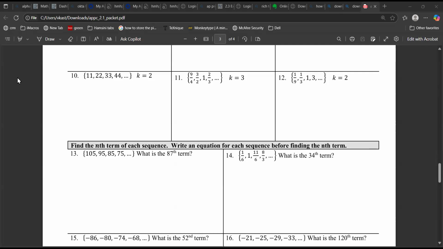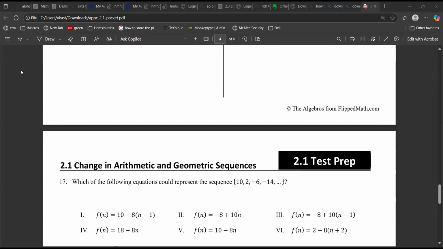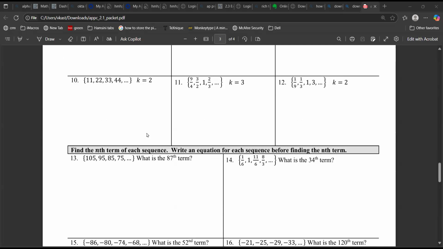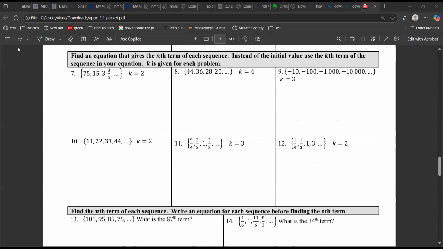But here, I went wrong in solving this for you. Here, find an equation that gives the nth term of each sequence. Instead of the initial value, use the kth term of the sequence. So here you can take this as the first term, second term. Sorry, guys, for that confusion.